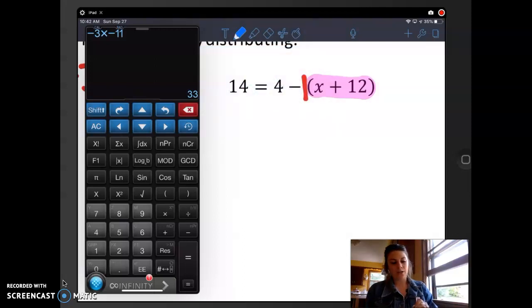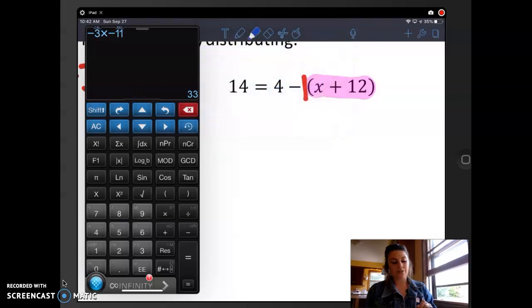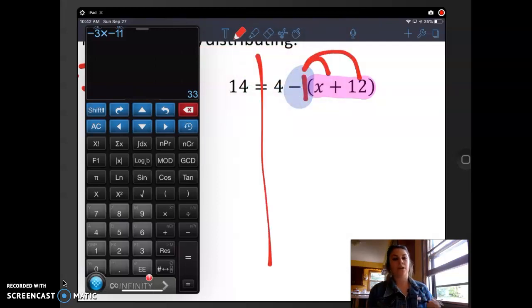If you recall, the symbol that is to the left of the number belongs to that number. So this negative belongs to that 1, and now we are going to distribute. We are going to distribute only the negative 1 because the 4 is not in front of the parenthesis, it's to the side of the negative 1.